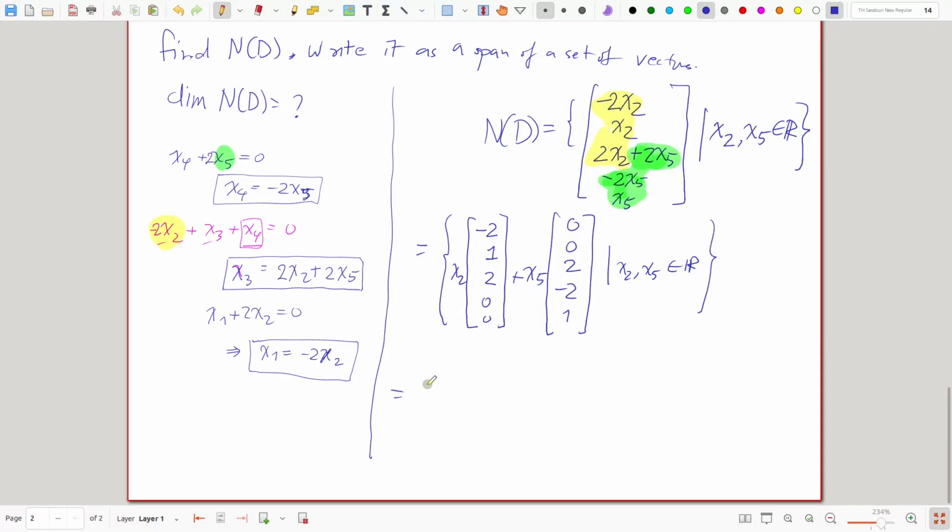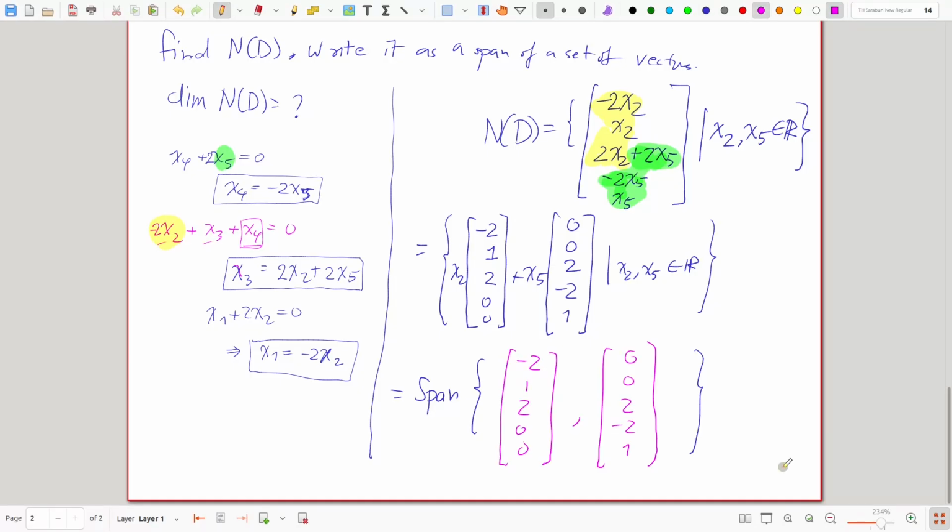So this is a span of 2 vectors. What are these vectors? Now, what's the dimension of the null space of D?